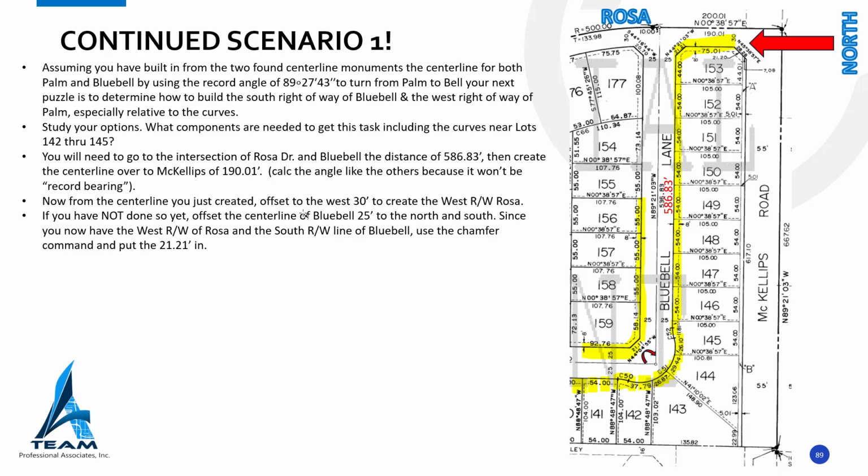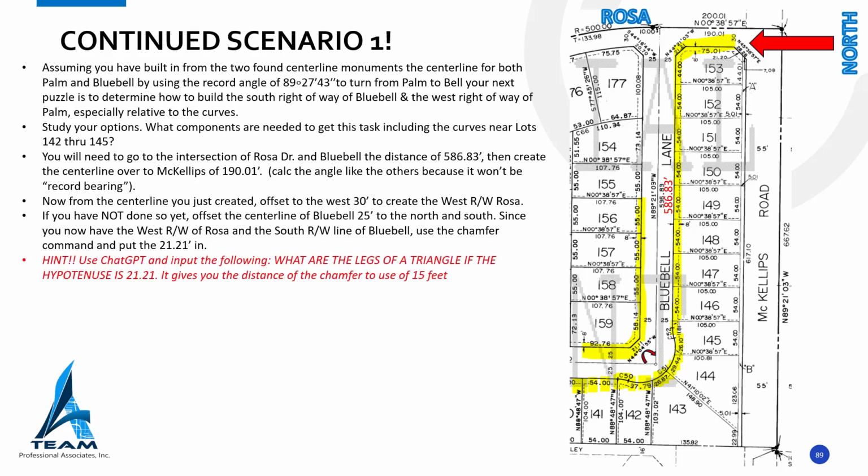So what this is saying is that since you now have the west right-of-way line of Rosa and the south right-of-way line of Bluebell, this line and this line, you don't yet have this chamfer right here of 21.21. Now what you can do though is use the chamfer command and put the 21.21 in. I'm giving you a hint here too on how to do this, because when you put in chamfer, you can't just put in 21.21, can you? You've got to put in what the legs are.